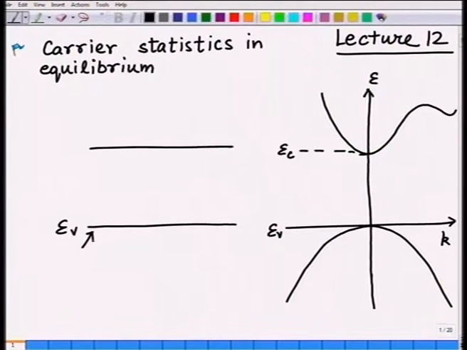If I plot this on the energy scale, this is the electron energy scale. Then what do I see?